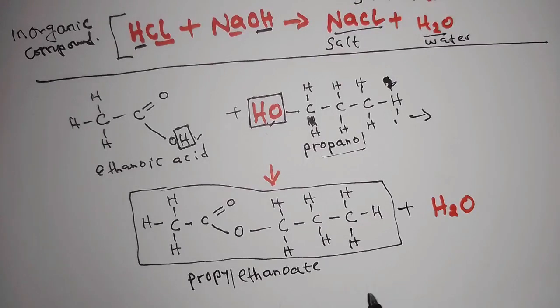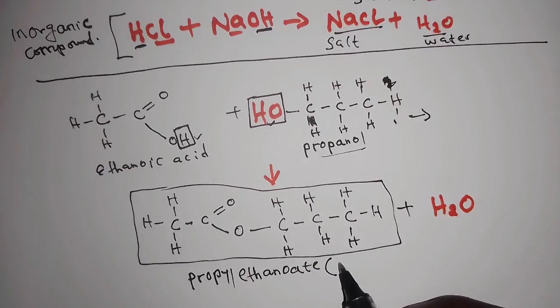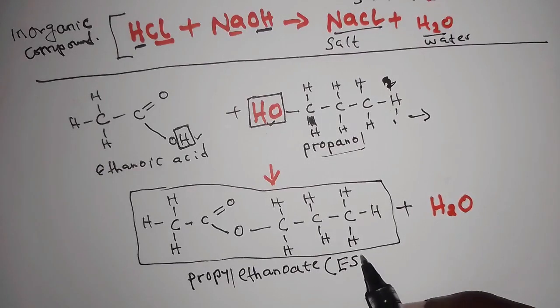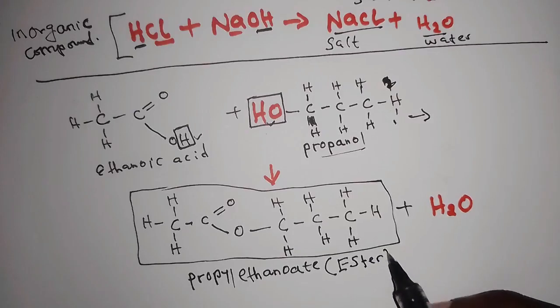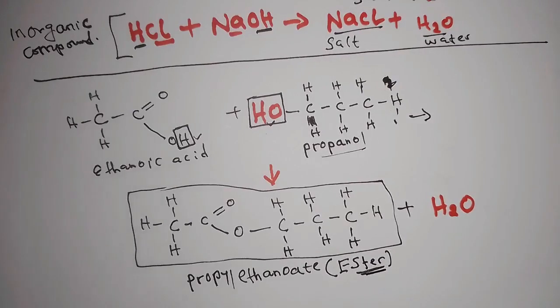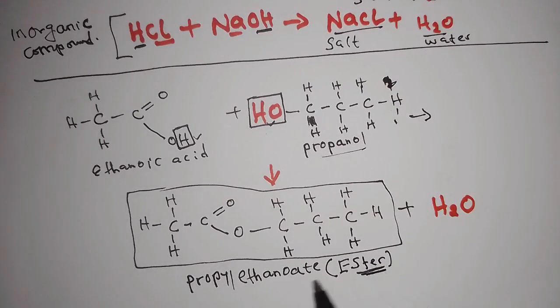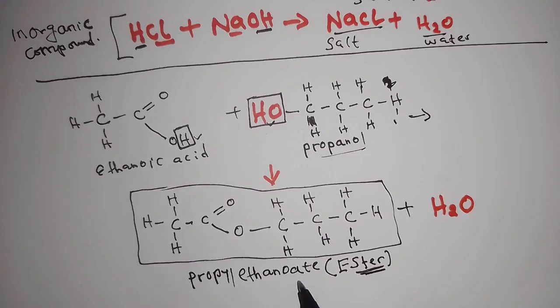Now you can take note that this product is normally also called an ester. So this is an ester, and the way you can note that this is an ester is because they always end in ATE.